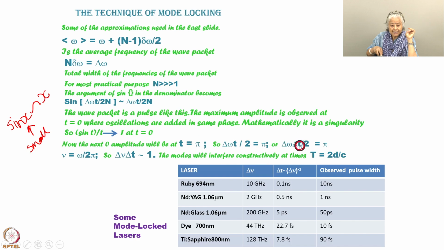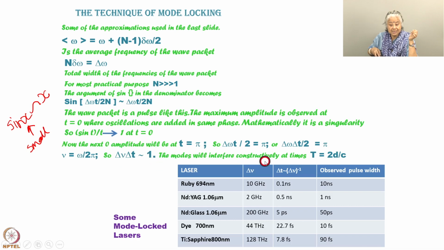So, delta omega delta t, in place of t I have written delta t divided by 2, becomes pi. So, here I have just brought in that nu part, where nu and omega are almost treated as equivalent, nu is equal to omega by 2 pi. So, delta nu delta t is equal to 1, if you just substitute here. This is just a jugglery of this delta, but this is a very important formula. Delta nu delta t is almost equal to 1.